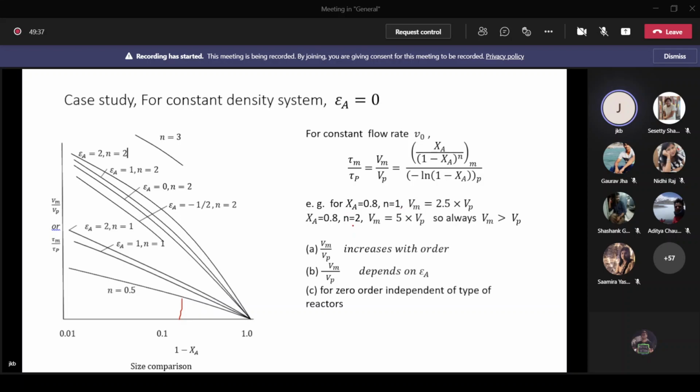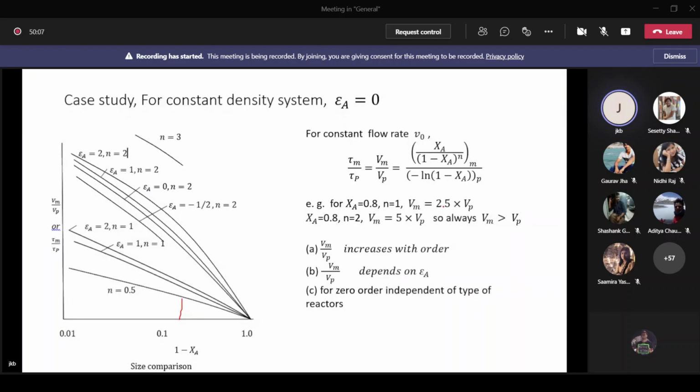But if you change the order, n is equal to 2, you will find it is Vm by Vp 5. So if you increase the order, the set of the curves will go upward, above. That is for n equal to 2, it is double, 5 times, and it is 2.5 times for the first order.